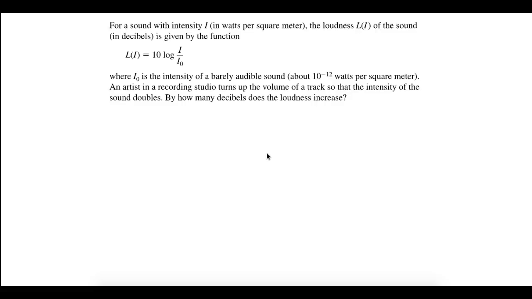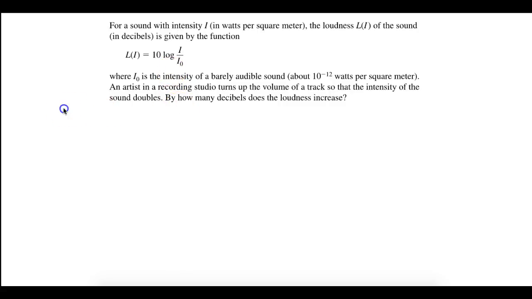Okay, so we don't know what the initial sound was. We don't know the exact amount. That's fine. We don't need to. We have enough information here. So we have our formula here, and we know that the volume was turned up so that the intensity, which is I, doubled.